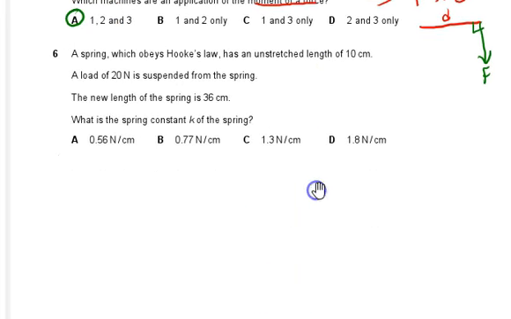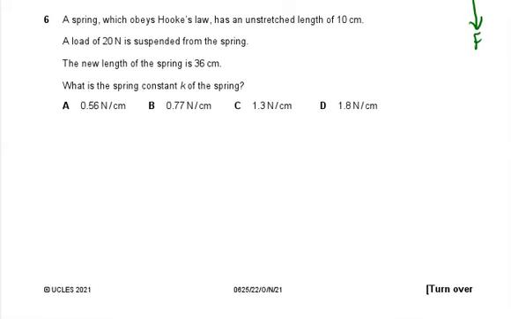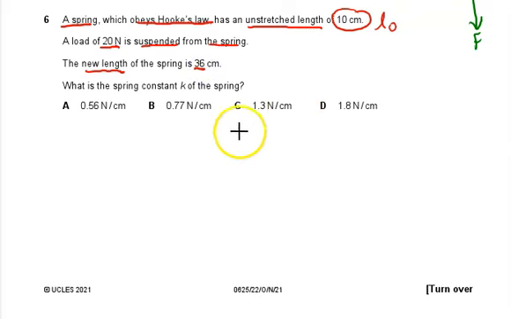Now we go to number 6. A spring which obeys Hooke's law has an unstretched length of 10 centimeters. So this is the original length. A load of 20 Newton is suspended from the spring. The new length of the spring is 36.